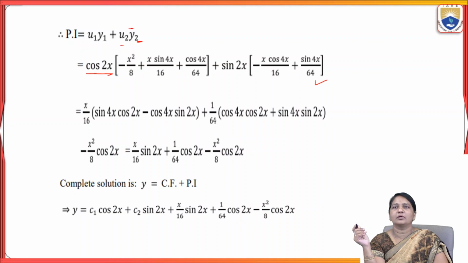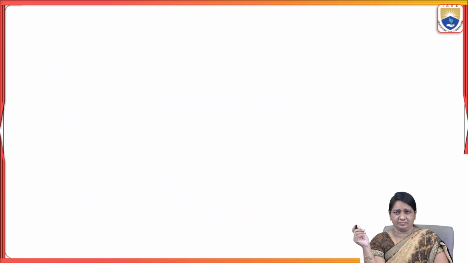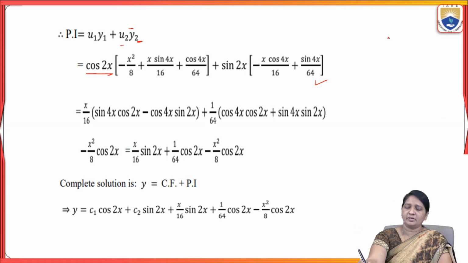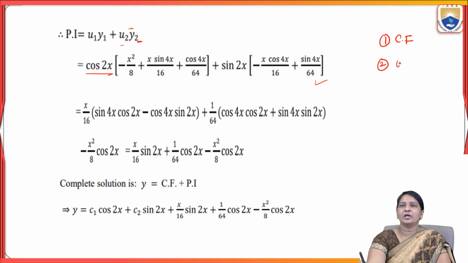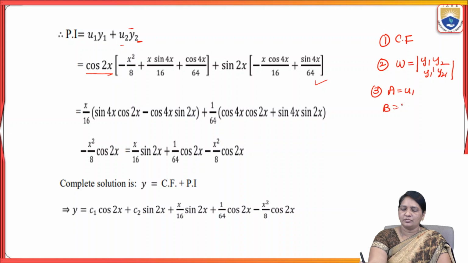Let me recall the procedure of the method of variation of parameters. The first step, you have to find the complementary function. The second step, you have to calculate the Wronskian value, that is the determinant of y1, y2 and y1 dash, y2 dash. After calculating the Wronskian value, we have to calculate the A or u1 value, B or u2 value.